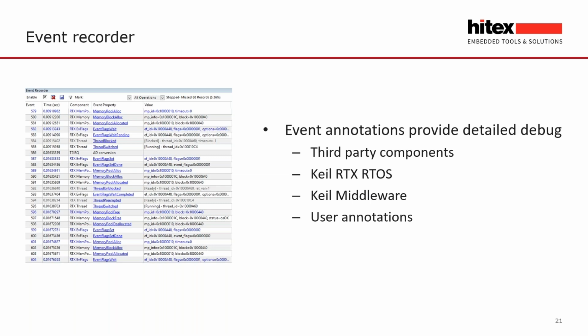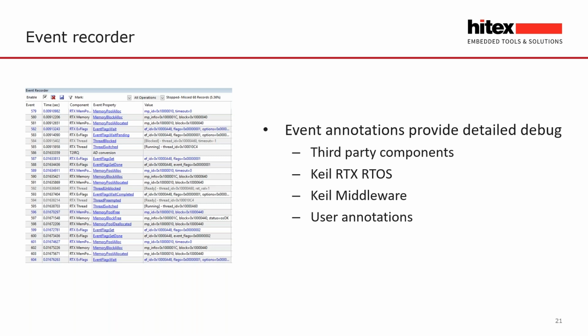As that executes, it's sending small amounts of information up to the debugger, and these are then being expanded into more detailed debug messages and displayed within the event recorder. These are fairly structured messages, so we can apply a lot of filters to enable and disable different groups of messages from either the operating system, the middleware, or our own code.